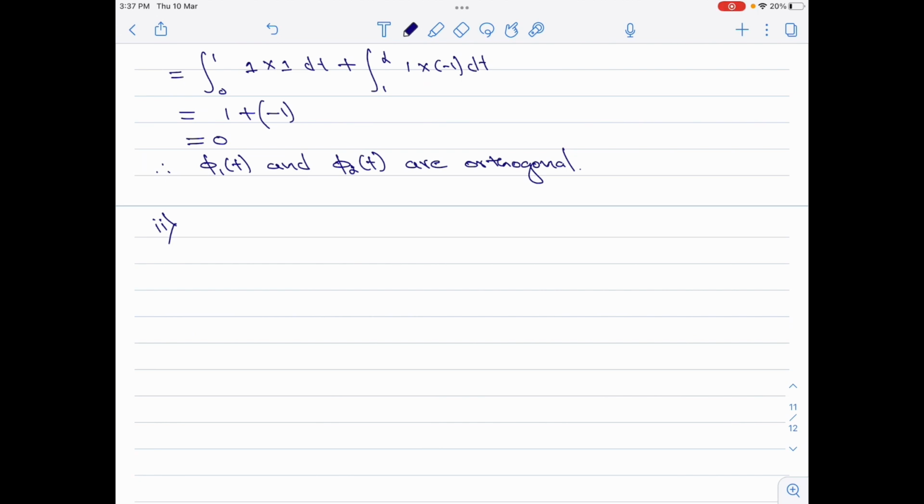If the energy of the orthogonal signals is equal to 1, then such a set of signals is called an orthonormal signal set. So, all we are supposed to do now is to find whether phi1 of t and phi2 of t have energy equal to 1. If it is 1, then they are already orthonormal. If they are not 1, then we go on for part B by finding new orthonormal functions.